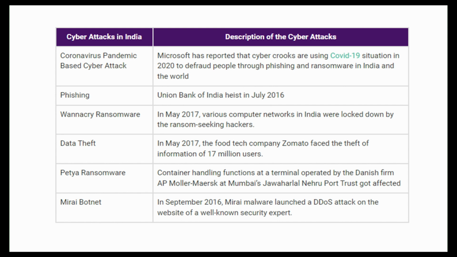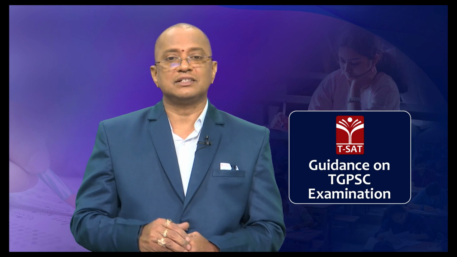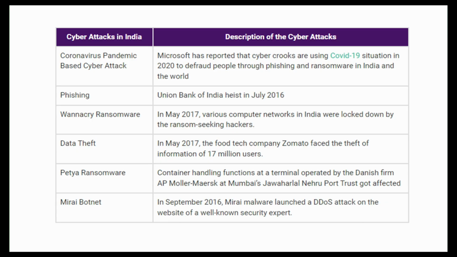And data theft: in May 2017, the food tech company Zomato, very familiar, faced the theft of information of nearly 17 million users. Because we order our food from Zomato, the Zomato food tech company faced the theft of information of nearly 17 million users.